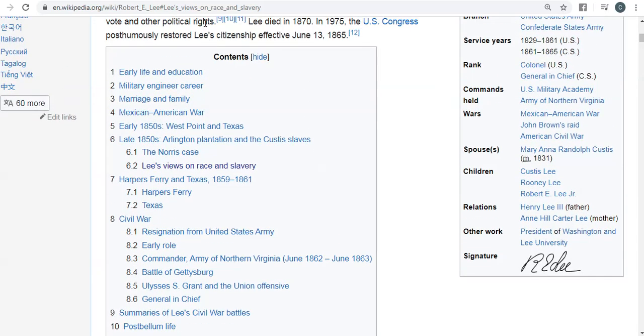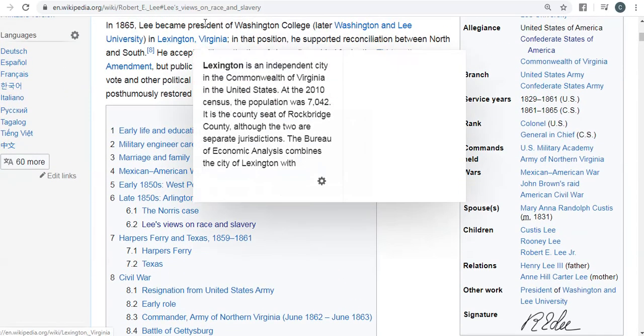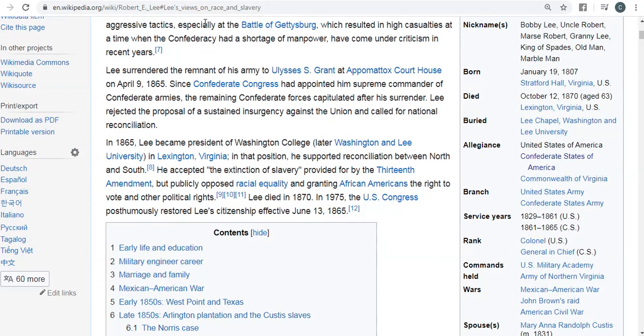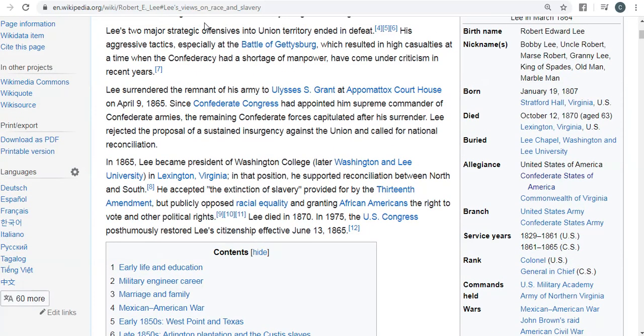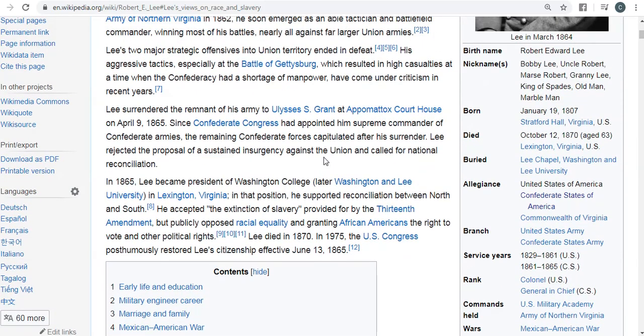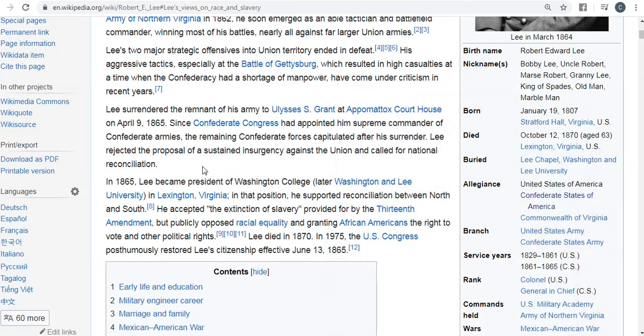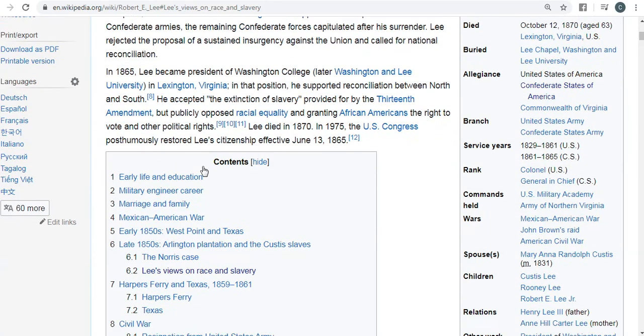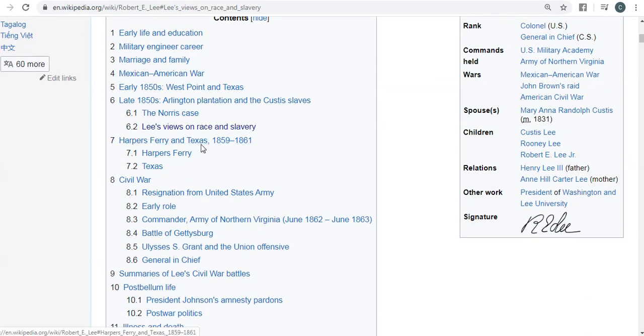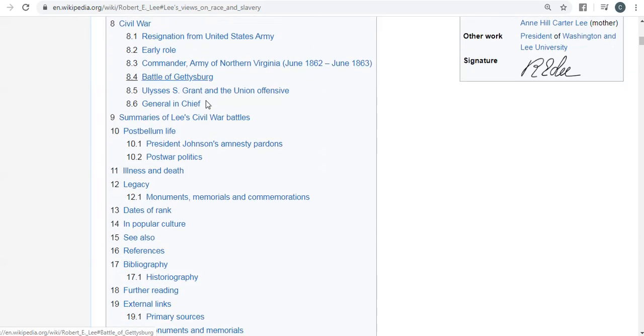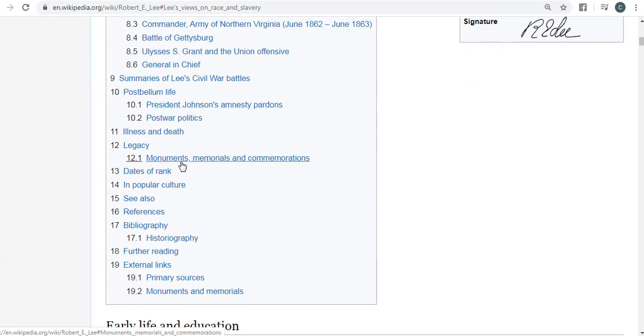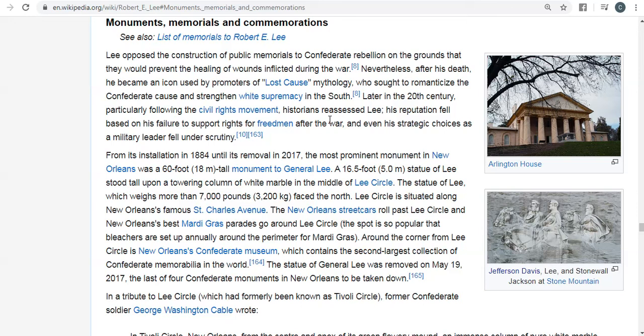What was his home? Relations, rank, commands, branch, allegiance, buried, born. Now, you could take his home anywhere he was born, and I would take Stratford Hall, Virginia for that. But you also could take this place. And this one's a little bit harder, so I'll give you credit for that.